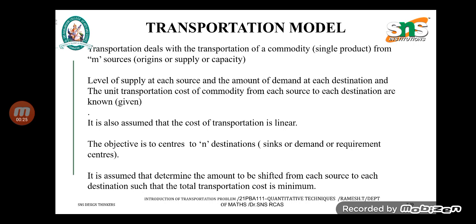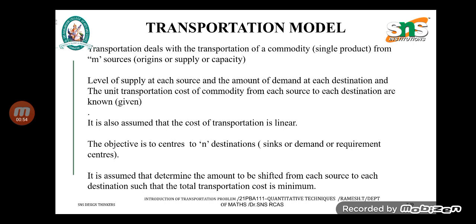So what is the transportation model? Transportation deals with the transportation of a commodity, that is a single product, from m sources, that means origins or supply or capacity. The level of supply at each source, the amount of demand at each destination, and the unit transportation cost of that commodity from each source to each destination are known, or otherwise given.